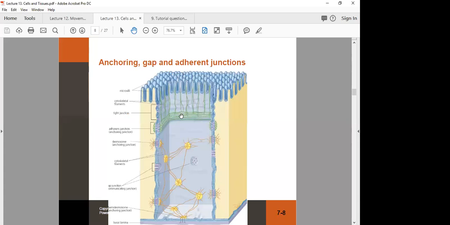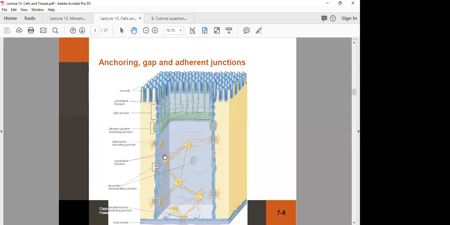In green, we can see filaments running along the inside of the cell, and these will attach also to this anchoring junction on the other side. We can see brown filaments here that are connecting this anchoring junction with other junctions. Here, there. So there seem to be connections between most of these junctions.